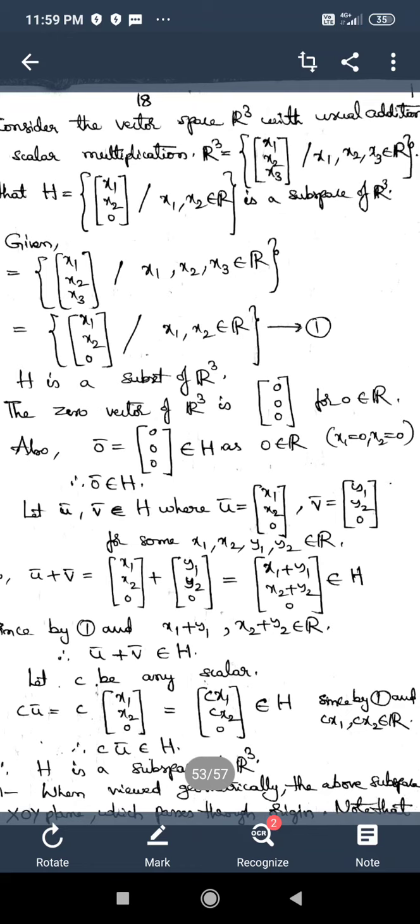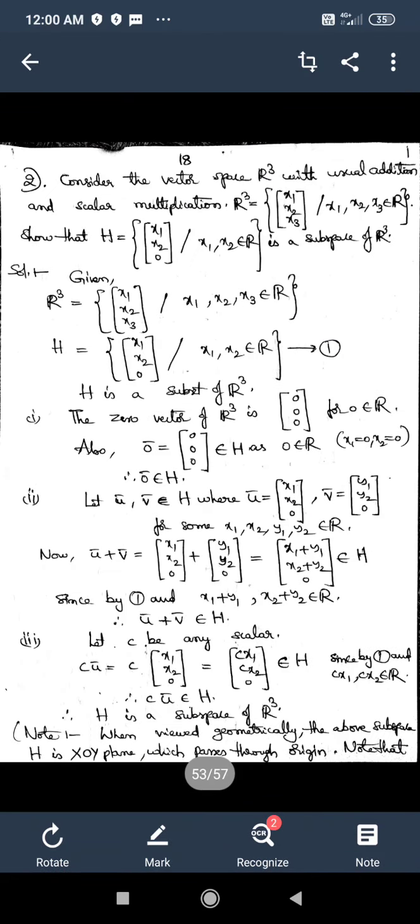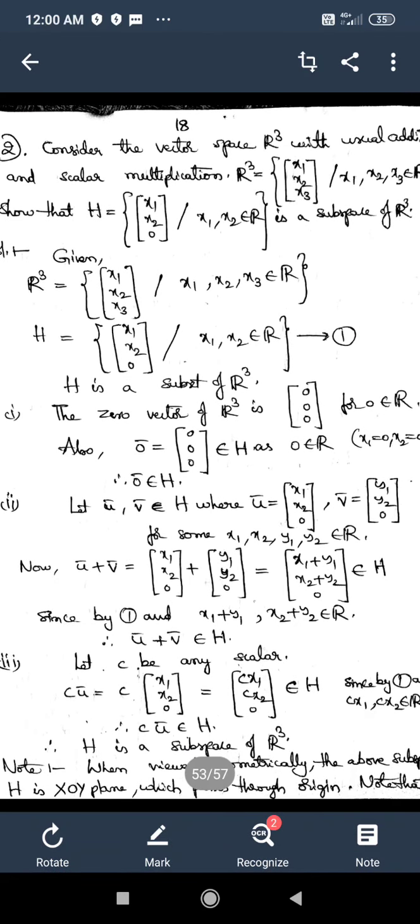And now we can see that this is just like the element of the form in the set H. So this is an element of H, we can say.